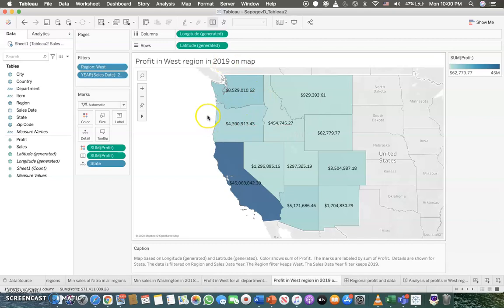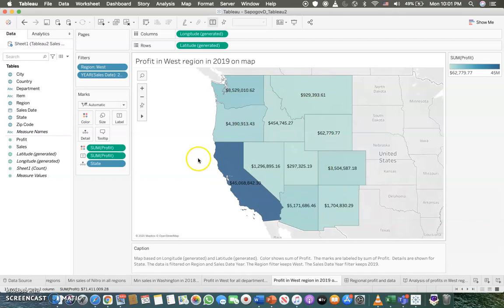As we can see from the map, California, Oregon, and Washington had a lot of sales and generated huge profits. This is another insight. So basically, the West Coast generated the most revenue in 2019 in West region among all these states here.